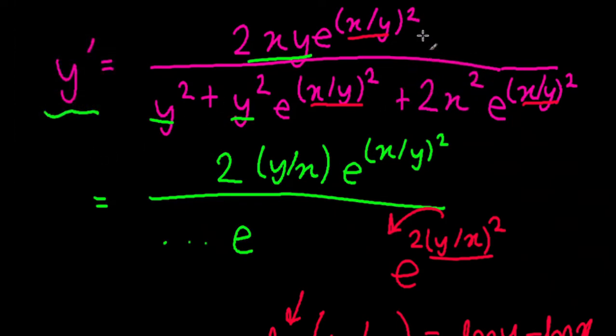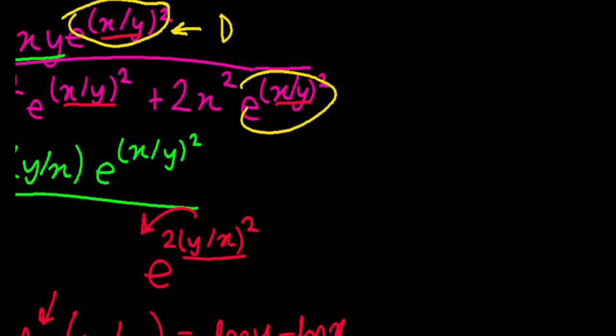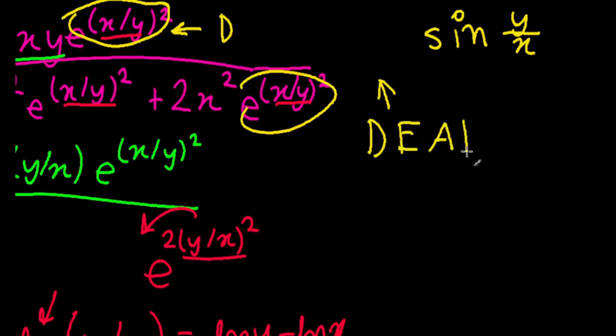So that's something to take away here. Even if you saw something like sine of y by x, it's a very dead giveaway that we are dealing with a first order homogeneous differential equation.